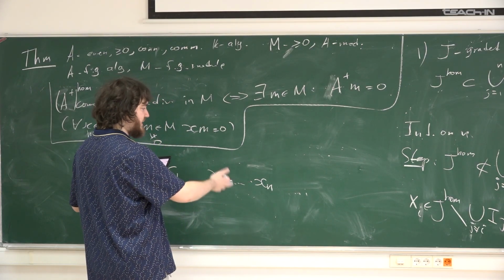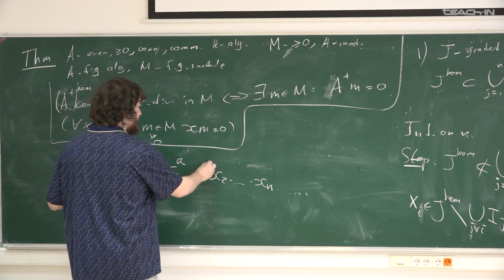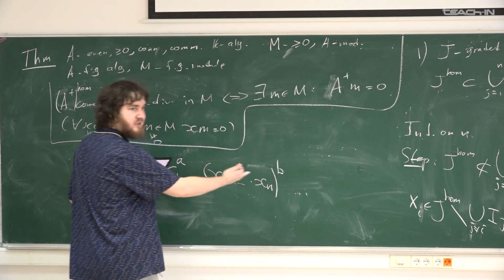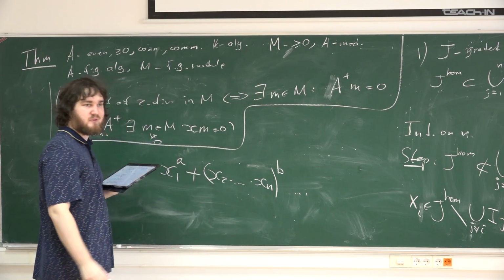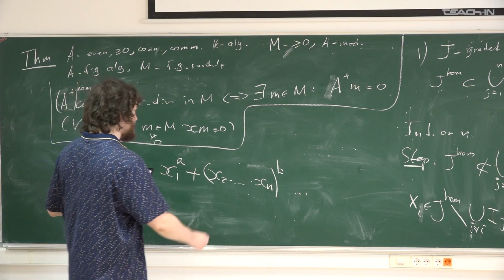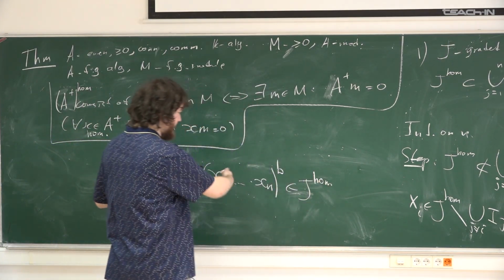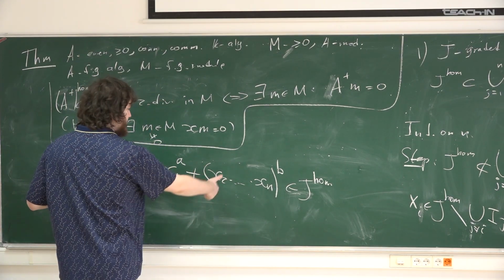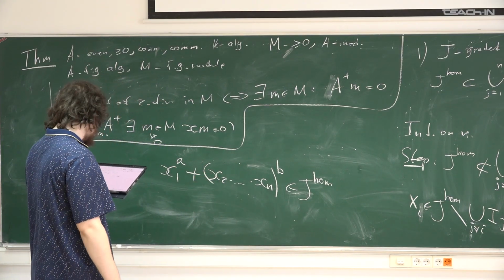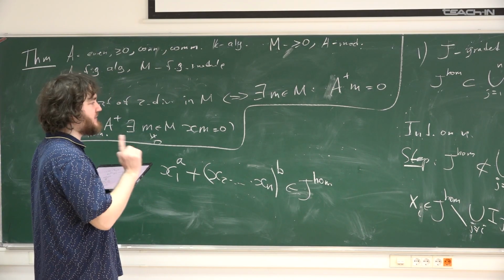They have some gradings, and I can take such powers that their gradings are the same number, and so I can consider the sum. It's a graded element. This is an element from J hom, because each summand is from J. So this is one element from J hom.